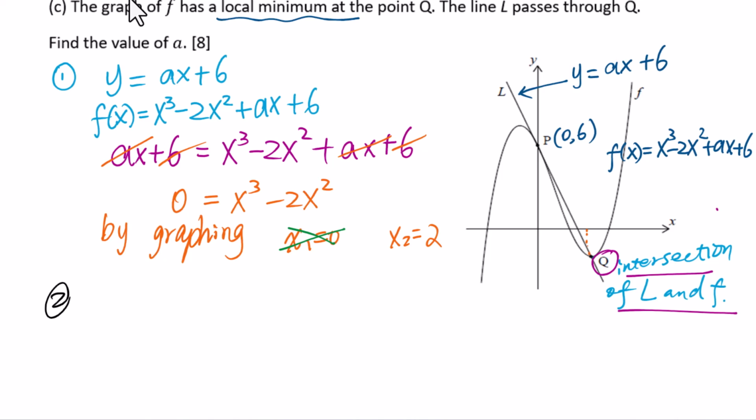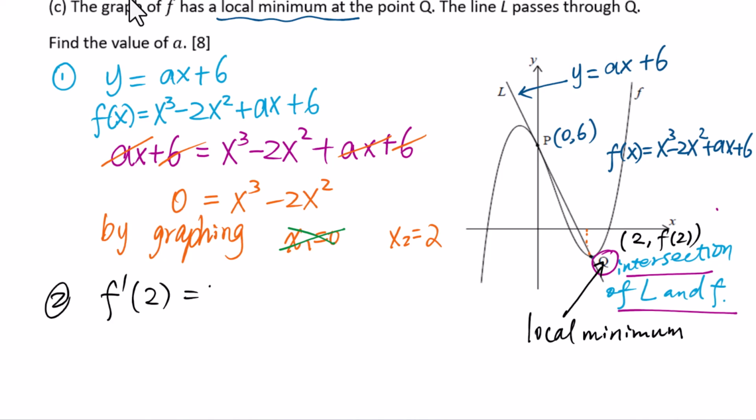Second step, since Q is a local minimum value, and the coordinates for this Q is 2, f of 2, we get f prime of 2 equals 0 to work out this a. We already figured out f prime of x.